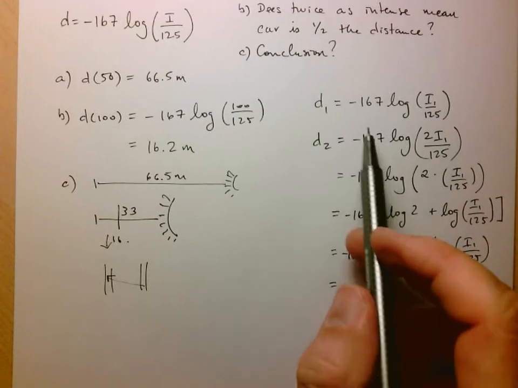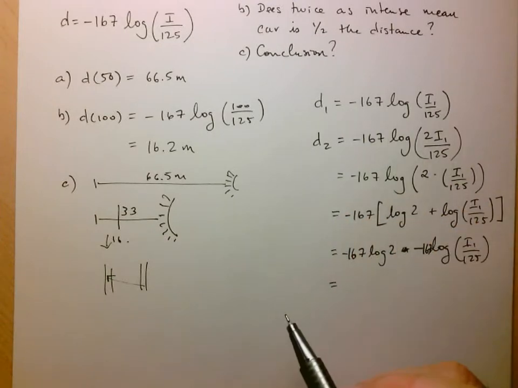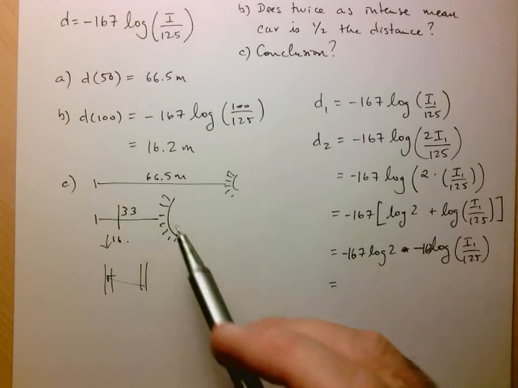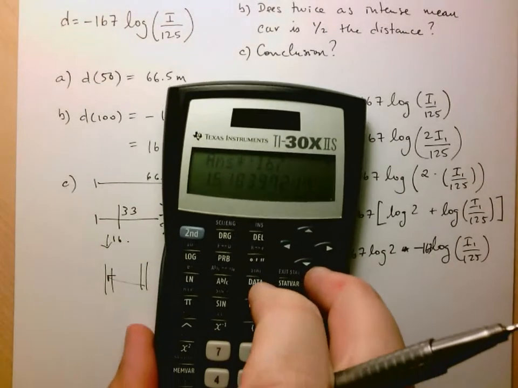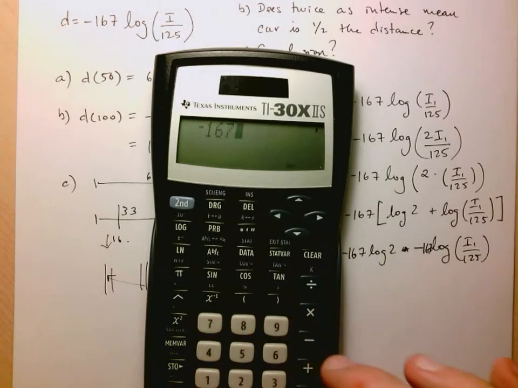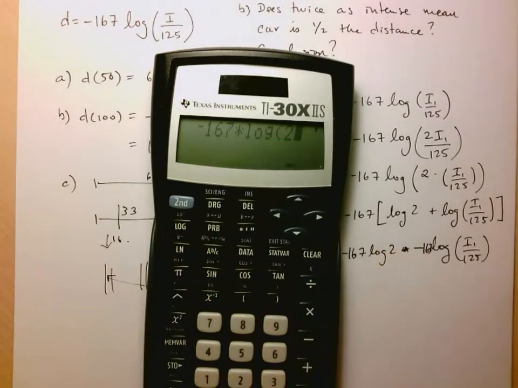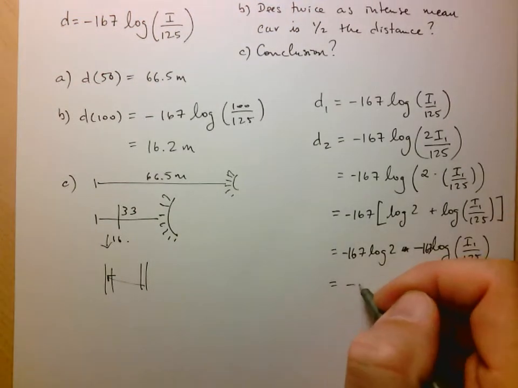We see that we're not multiplying the original expression by a number; we're actually subtracting a number. One might have expected that we'd be multiplying the original distance by some number, but we're not. In fact, let's calculate what negative 167 times log of 2 is equal to, and we see that it's about negative 50.3.